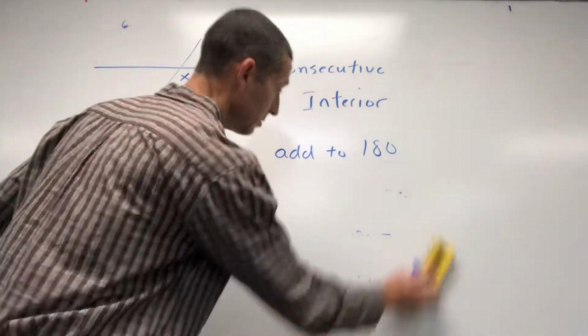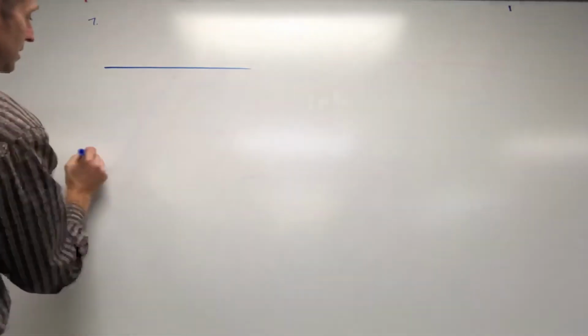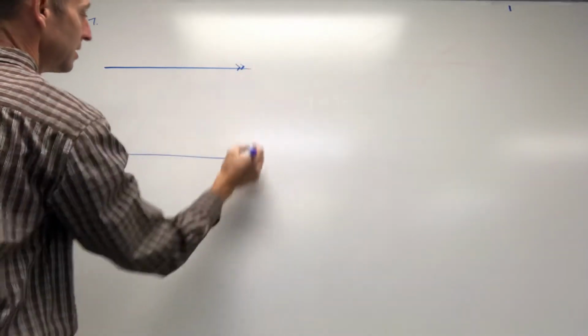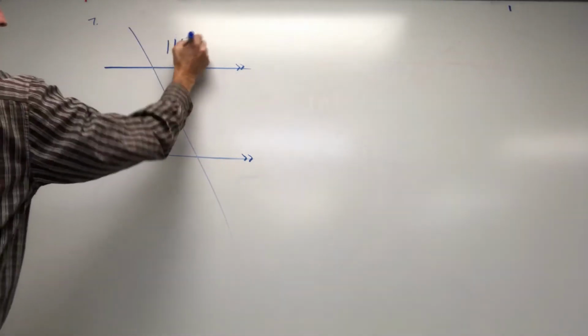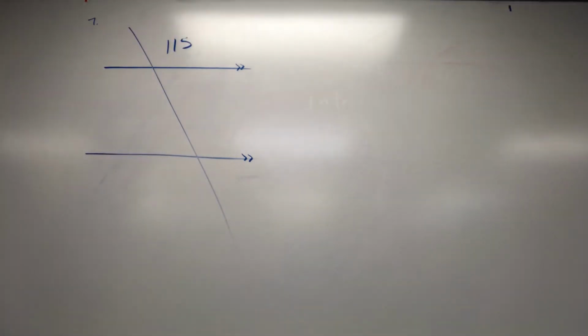So what will this look like when we do this assignment? That's the ticket. What's it going to look like on the assignment? So let's do one. Same setup, parallel lines, cut by transversal. Let's have this angle right there is 115.